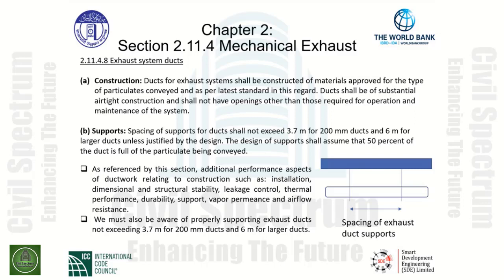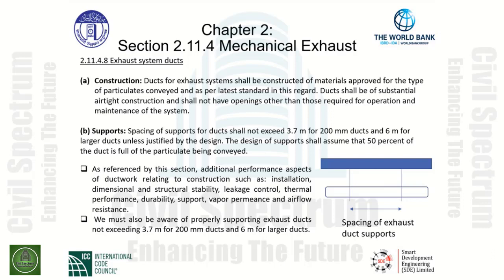Section 2.11.4.8 titled Exhaust System Ducts. Item A, Construction Requirements. Ducts for exhaust systems shall be constructed of materials approved for the type of particulates conveyed as per the latest standard in this regard.